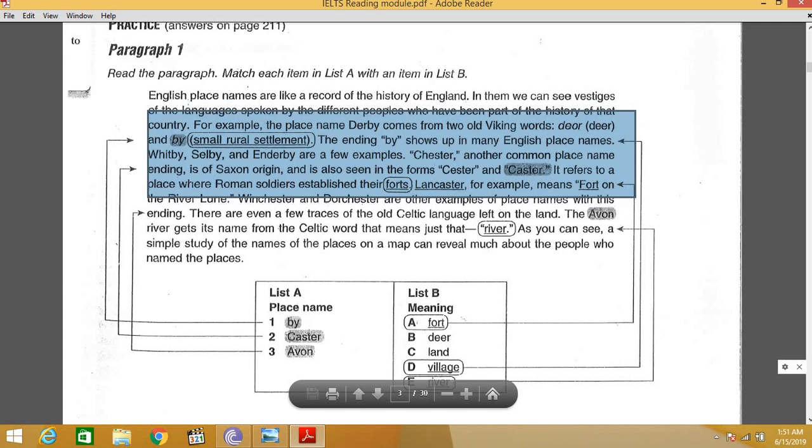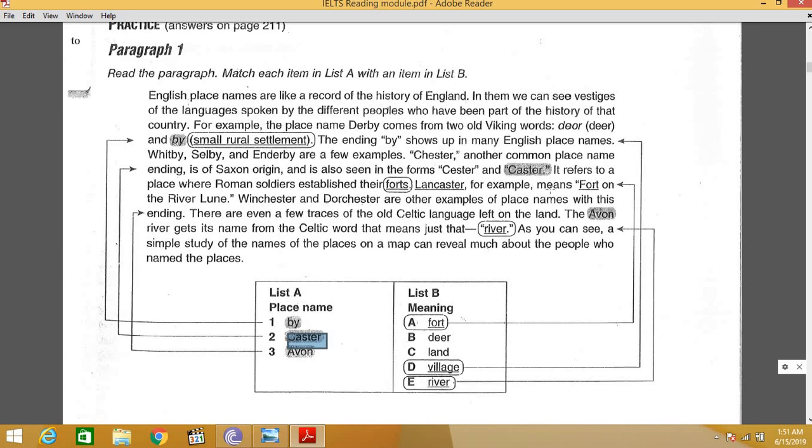Okay, and then we try to hunt the answer for caster. First we do scanning and identify caster, and we read the sentence in which it appears: caster, another common place name ending, is of Saxon origin, and is also seen in the forms of caster and caster.